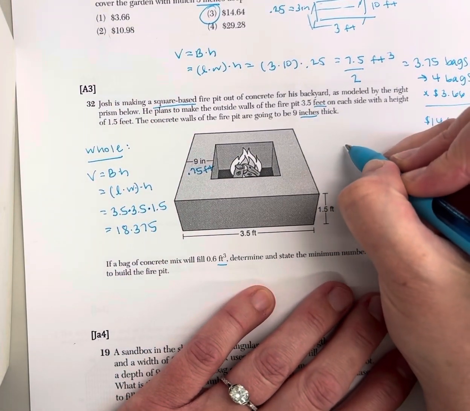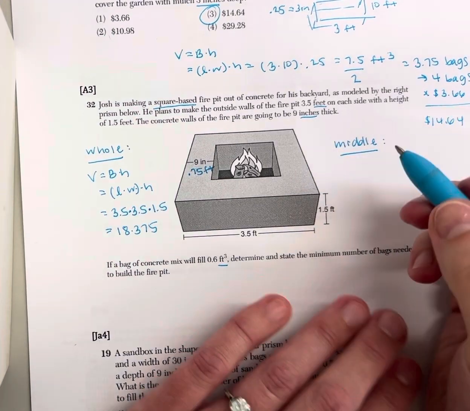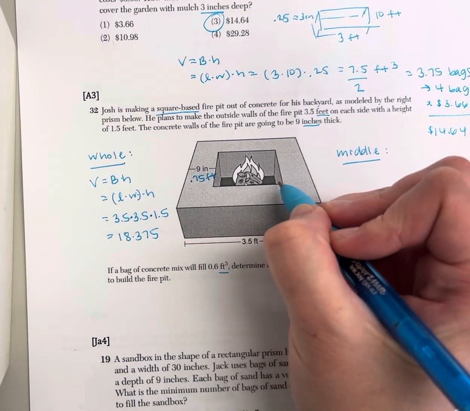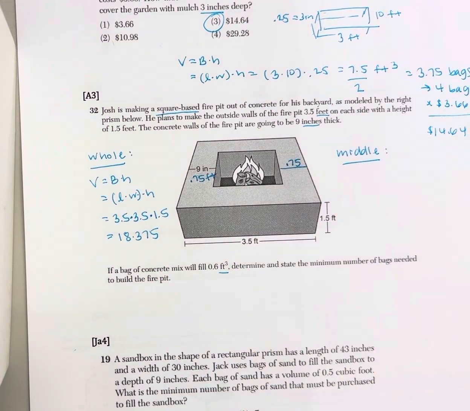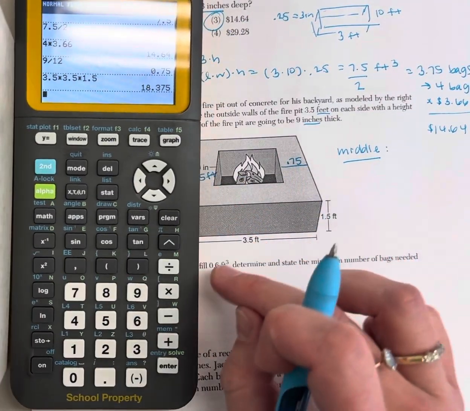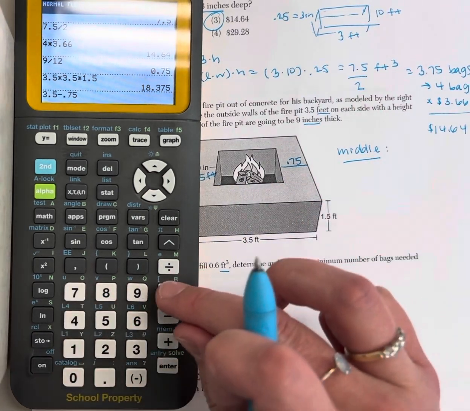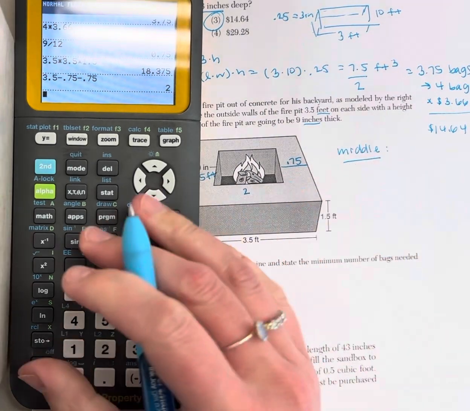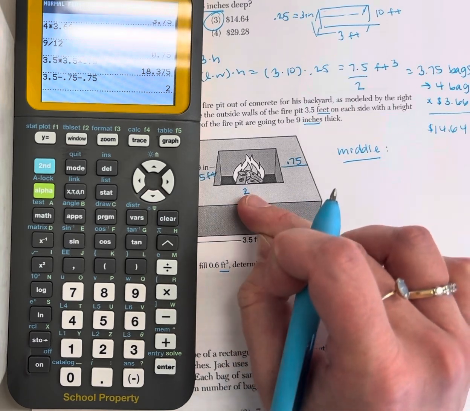Now we're going to do the hole in the middle, and then we'll subtract. Now let's look at this a little bit. The length of this is 0.75, and this is even, so it's 0.75. The whole thing is 3.5, but to get to this part, I'm going to take away 0.75 twice. 0.75 plus 0.75 is 1.5, so 3.5 minus 1.5 is 2.